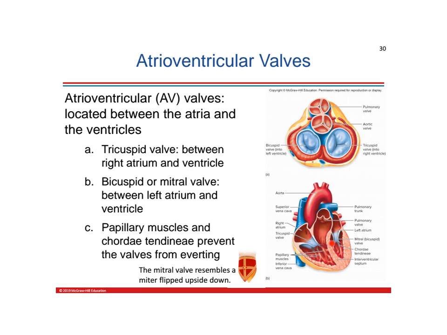So let's look in a little more detail at these atrioventricular valves. These respond to pressure differences. So if we look at the right side of the heart, when the pressure is higher in the right atrium compared to the right ventricle, then this right atrioventricular valve is open. Okay, so that's the tricuspid valve.